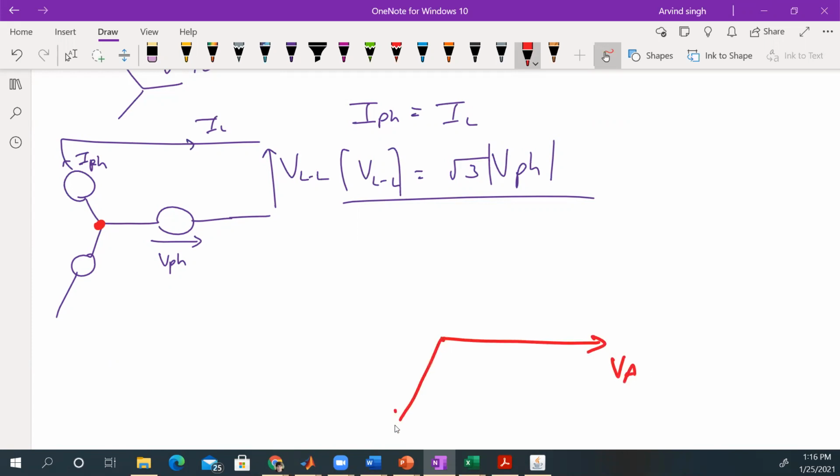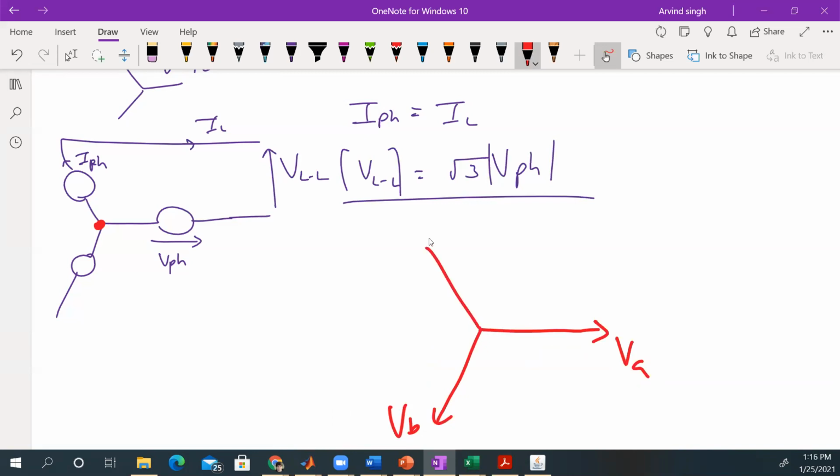Then we have down here, that's a very good balanced looking diagram. So let's say here VB, here VA, here VC, right? So it's rotating like this. So you get VA first, then VB, then VC.